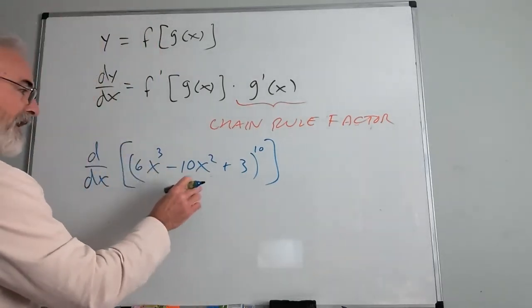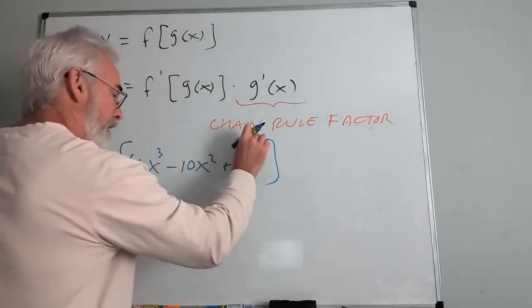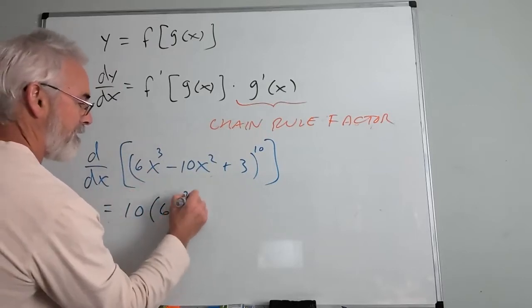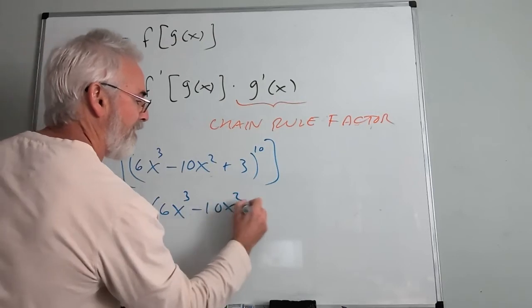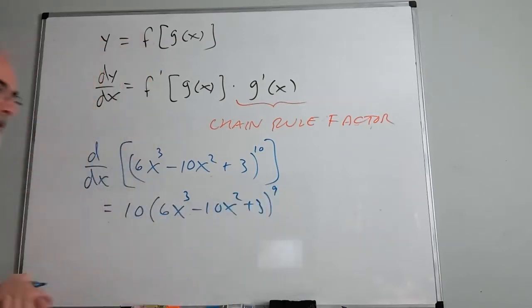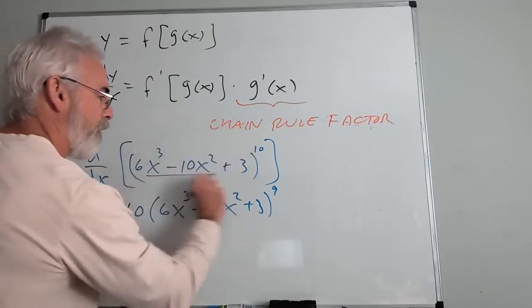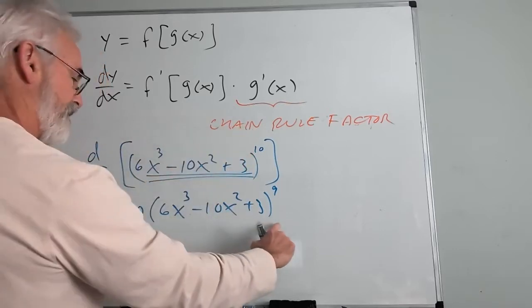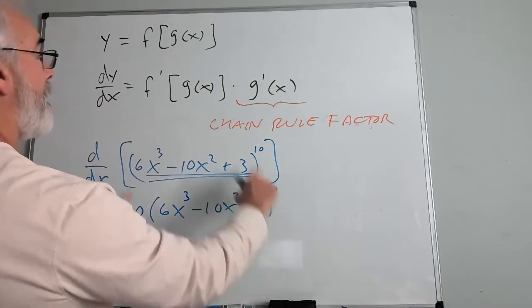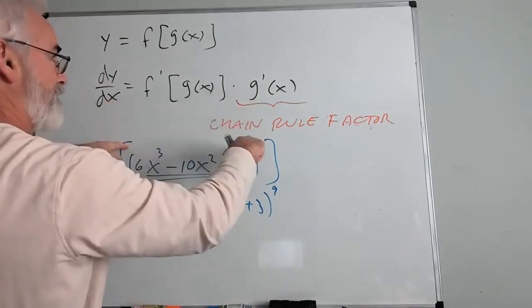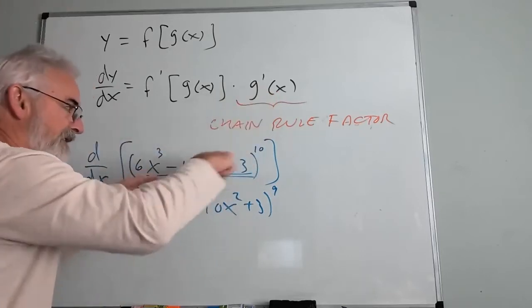Or I look at this and say, I have function raised to power. So my derivative is 10 function raised to the 9th power, right? Brought this down, decreased by 1, but at some point I have to deal with this. This part right here, that's that. I did f prime of the big picture, but now I got to do the derivative of the inside piece.